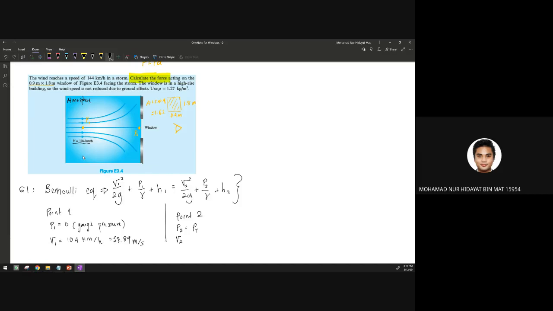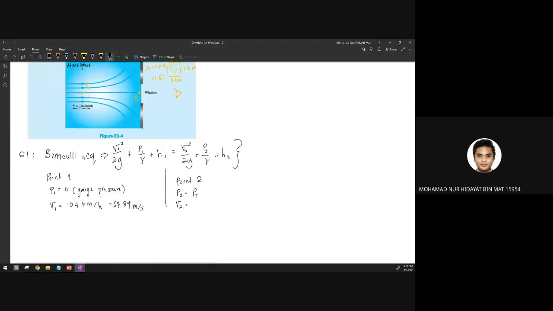The velocity. What is the velocity at 2? Once the flow impacts this window, what's the velocity? What do you think? Is the velocity the same as this one? What do you expect the velocity to be after you hit? For example, you drive a car and then you hit a tree. What happened to your car? Is it still moving or is your car suddenly stopped?